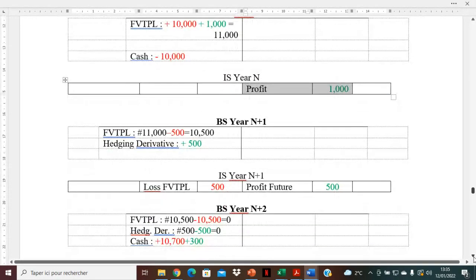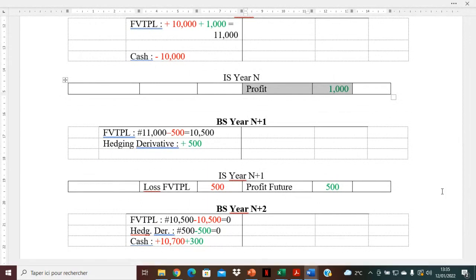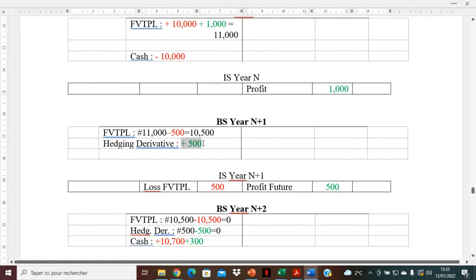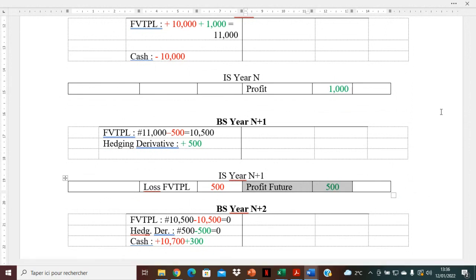In the second year, we engage in the hedging relationship. So I engage in the derivative that has a value of 0. At the end of the year, the derivative has a value of 500, and therefore there's a value increase for the hedging derivative. This is recognized as a profit directly in the income statement of N plus 1.